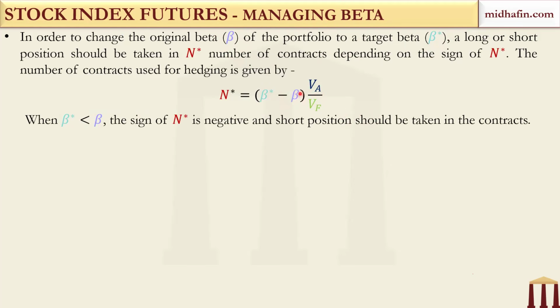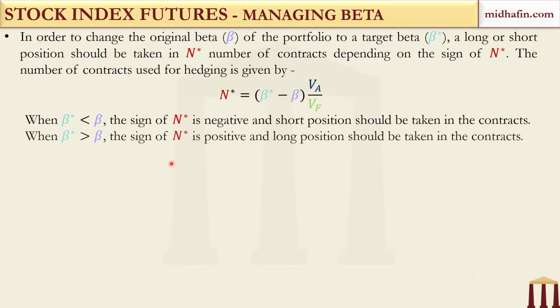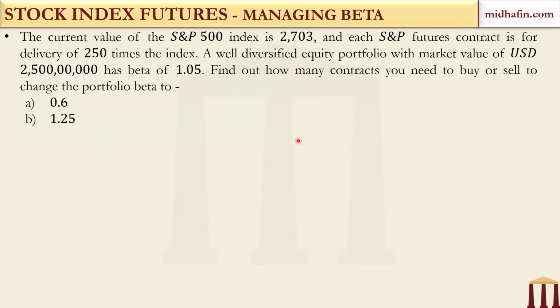The negative sign means you have to take a short position. So this formula not only gives you the number of contracts, but it also tells you whether you have to enter into a short or a long position. And when beta star is greater than beta, it will be positive and you have to take a long position.